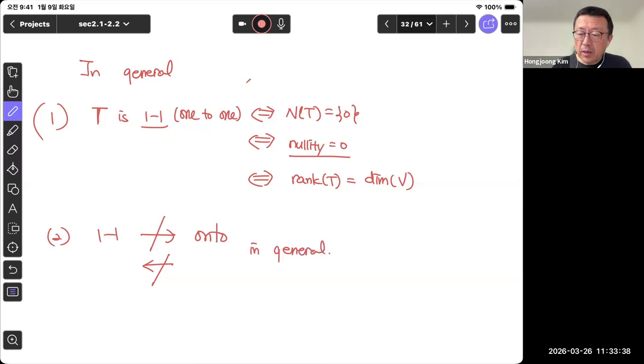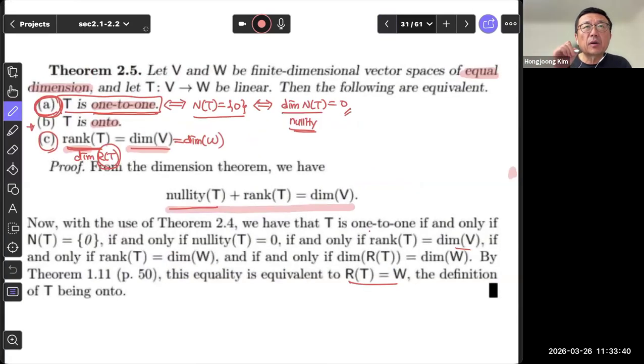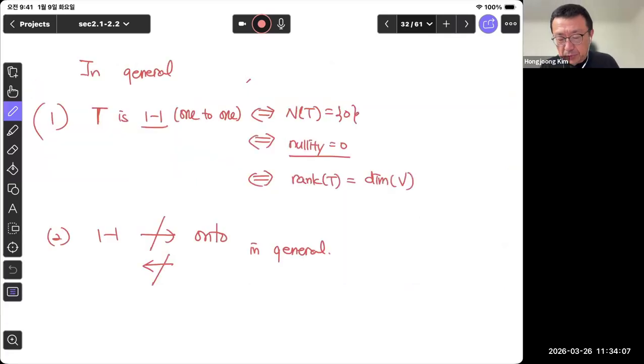But if the dimension of the domain and the dimension of the codomain are equal, then one implies the other. Being one-to-one implies being onto, and being onto implies being one-to-one. This is a very powerful statement, and I will use this theorem later for the solutions of systems of equations.